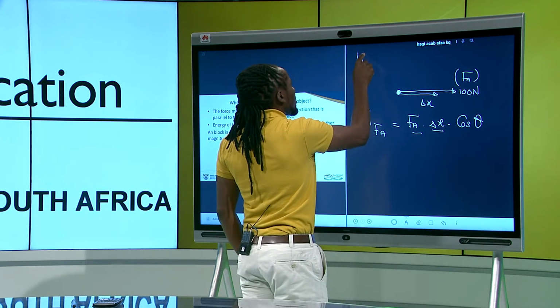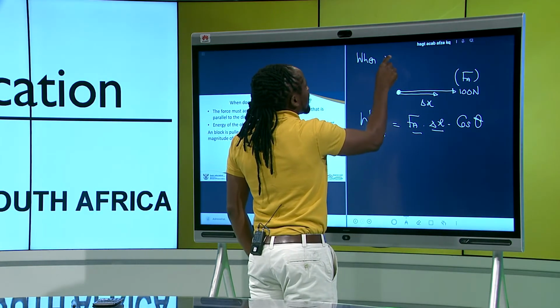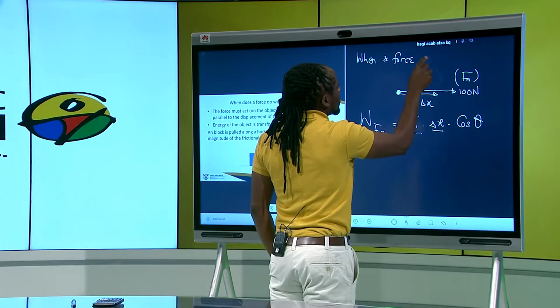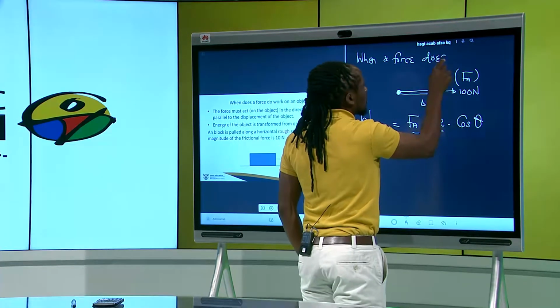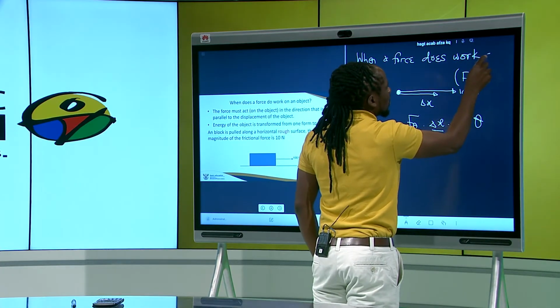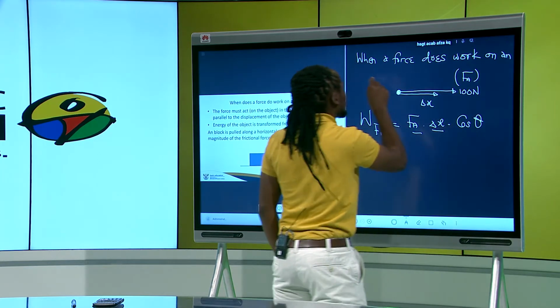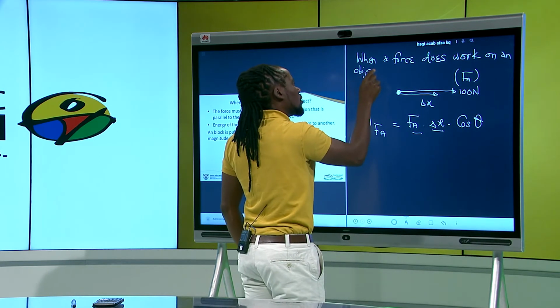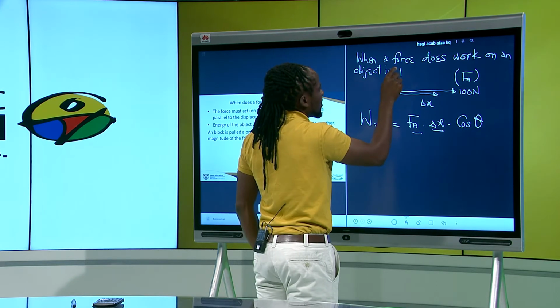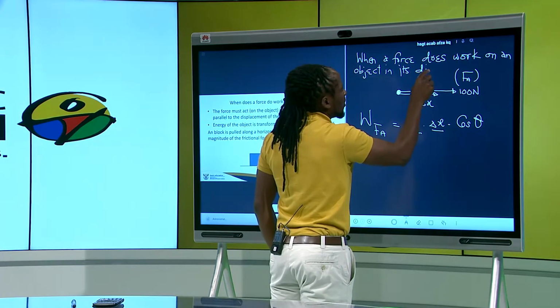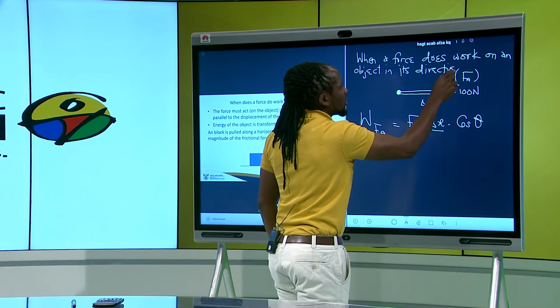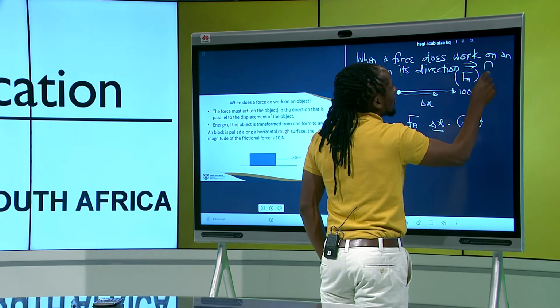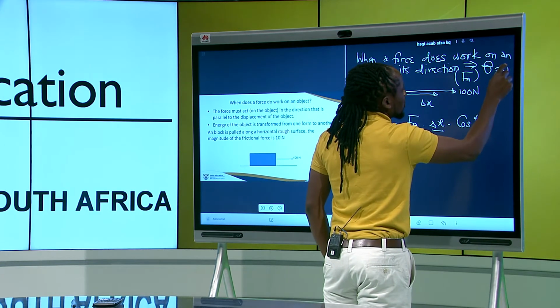So when a force does work on an object in its direction, very important, in its direction, it implies that the angle theta is equal to 0 degrees.